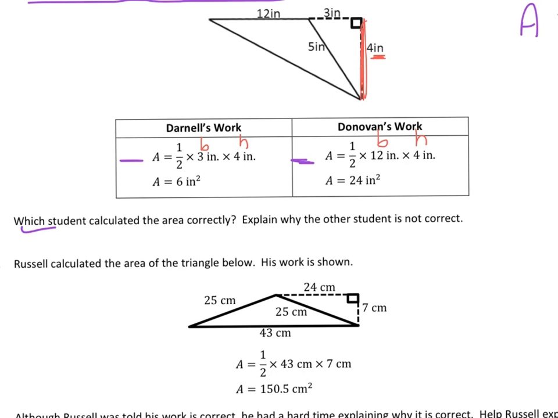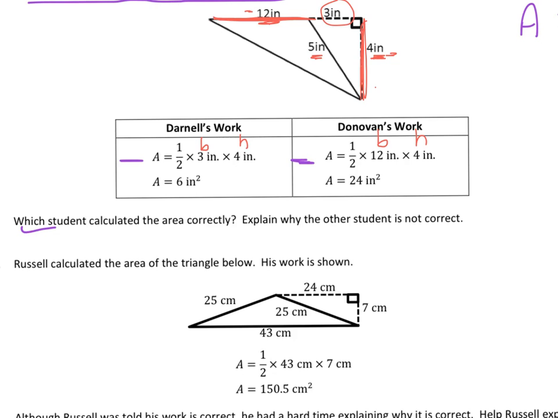And I know the base is of the triangle. So it's either going to be 5, 12, and then we have a 3 in there, but I see the solid line here is a measurement of a side. So that's the measurement of the base. The 3 inches is the measurement of the segment between the base and the altitude or the height.